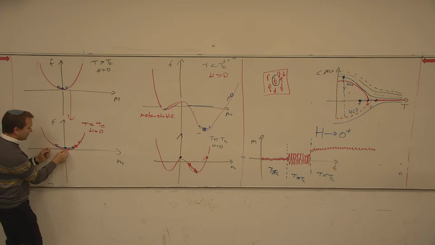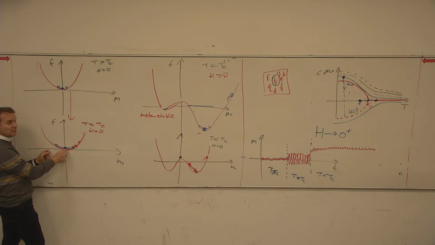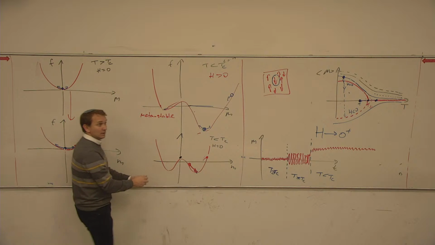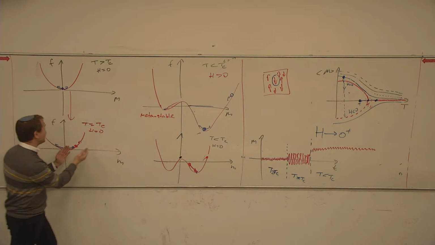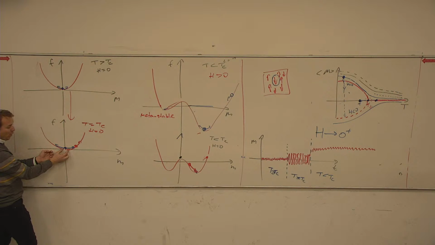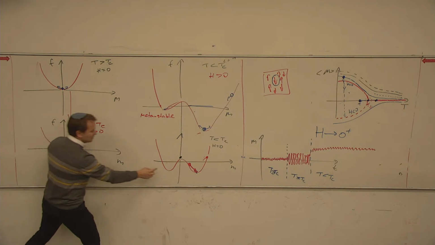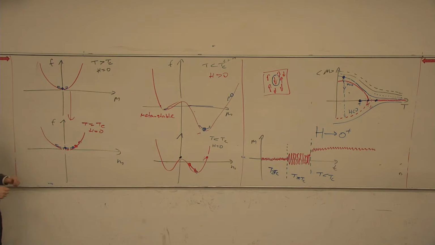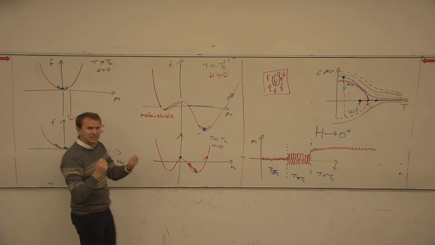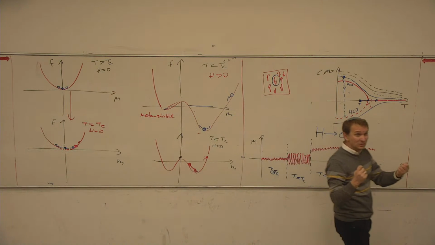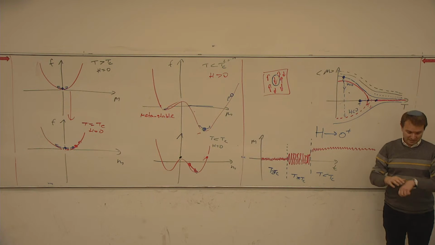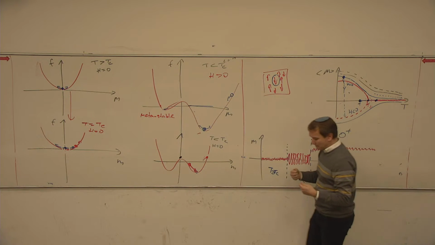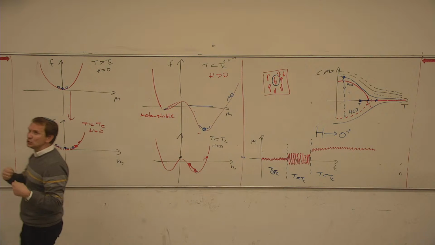Why? Because I have created a new additional stable state, which is located extremely close to the old stable state. Because if you think about it, exactly at T equals Tc, the two minima and one maxima are all concentrated exactly at the center over here. So this is why the transition is continuous, but there are still, and we will see this in half an hour maybe, some additional effects.